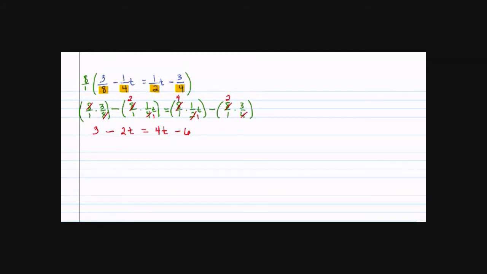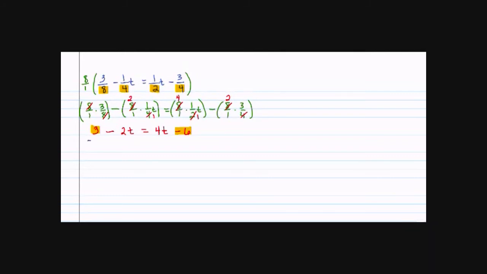I'm going to solve my numbers first, and I'm going to ask you, is it easier to subtract 3? Remember, we're doing opposites here. The opposite of positive 3 is a negative 3, so would it be easier to subtract 3 or add 6?